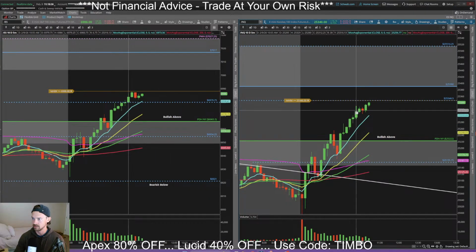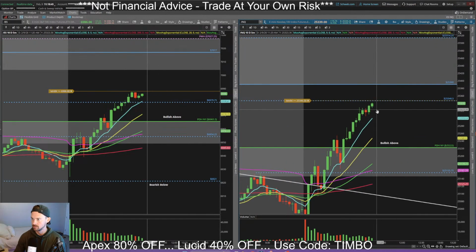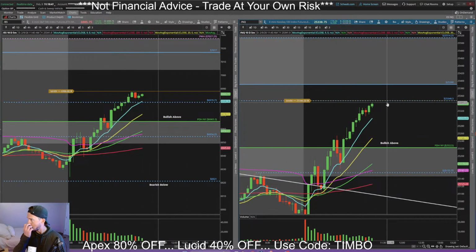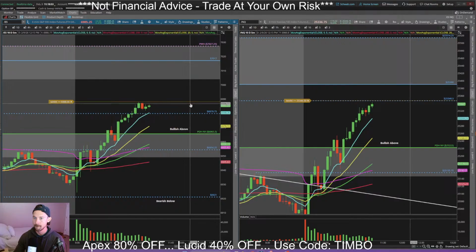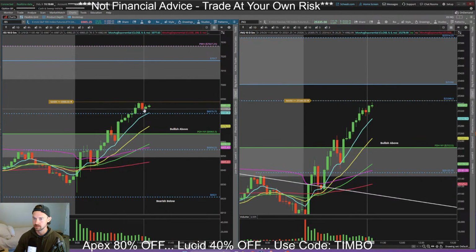But this is more of a pause than a pullback here. Just a little small flag consolidation. Like a little bit deeper of a pullback on ES.